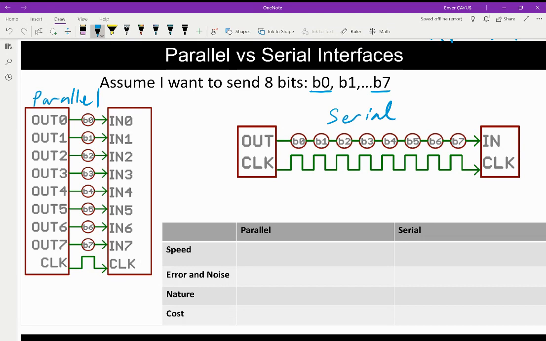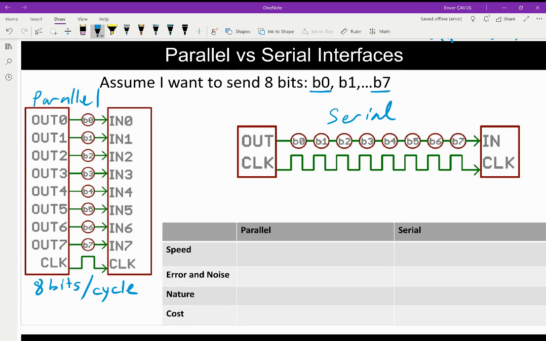If I transmit these 8 bits using a parallel interface, I will be sending 8 bits in 1 clock cycle.